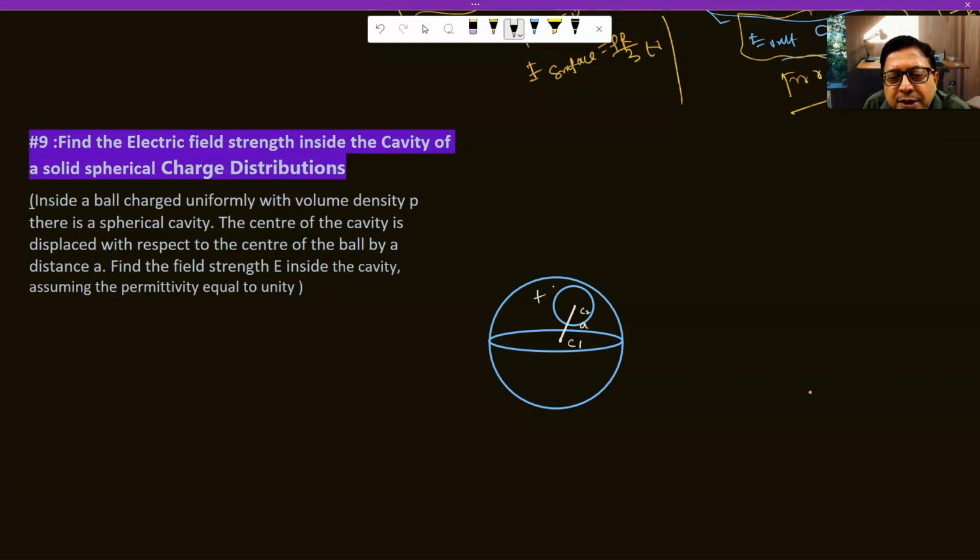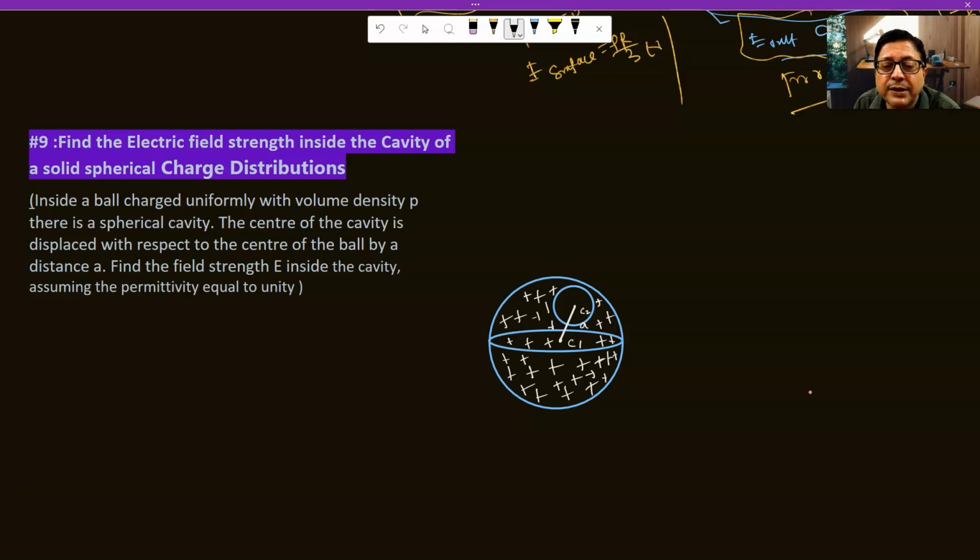You have charged the sphere. It's a non-conducting ball. It has volume density, so over the whole volume you can put charge. It is not conducting. If it is a conductor, then what will happen? Charge will reside at the surface, isn't it?